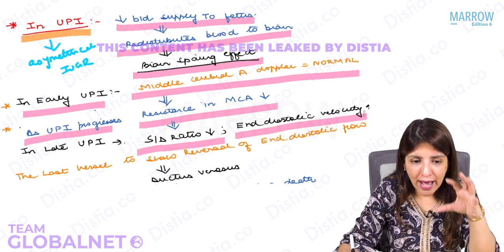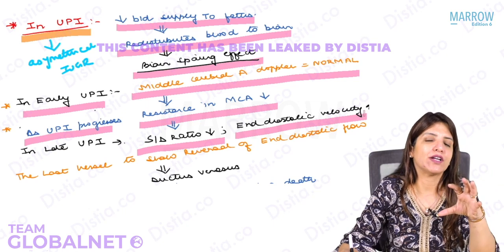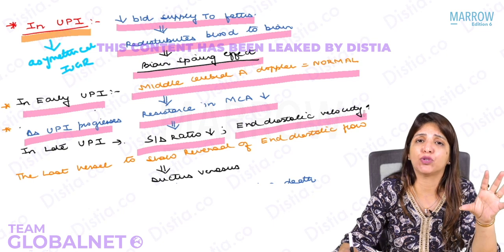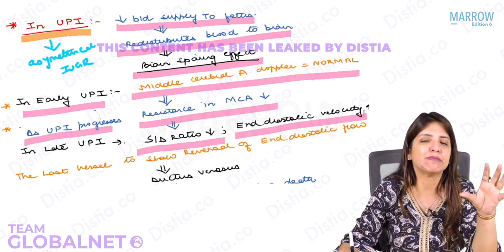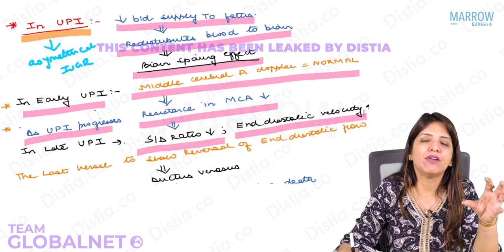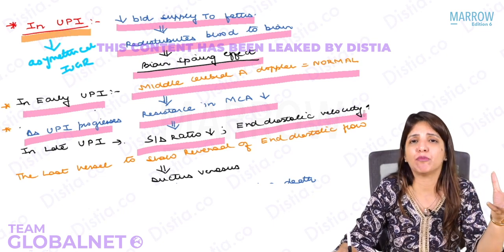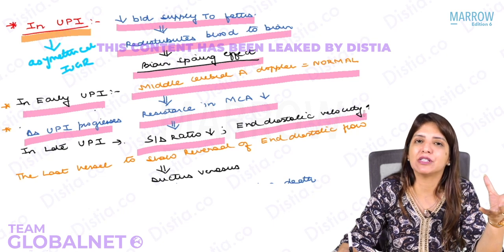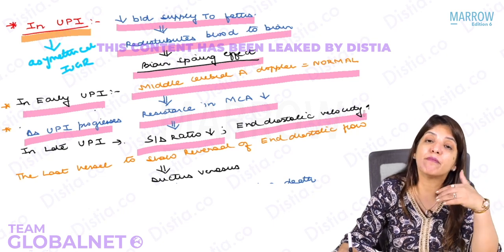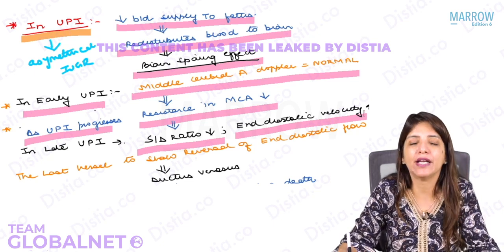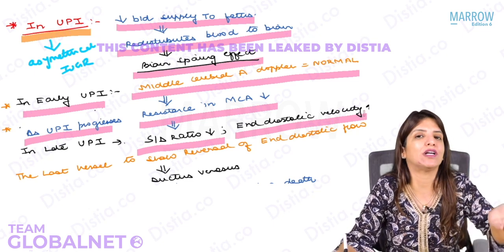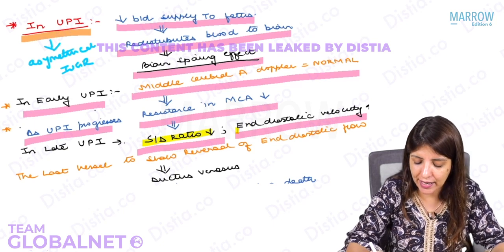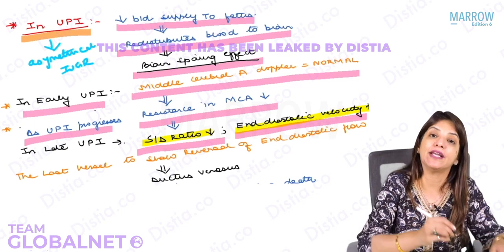Now, as uteroplacental insufficiency advances, the fetus is trying desperately to take the blood to the brain. Because maximum blood has to reach the brain, it will relax the middle cerebral artery a little. So the amount of blood flow during diastole will increase, the SD ratio will decrease, and the end diastolic velocity will increase.